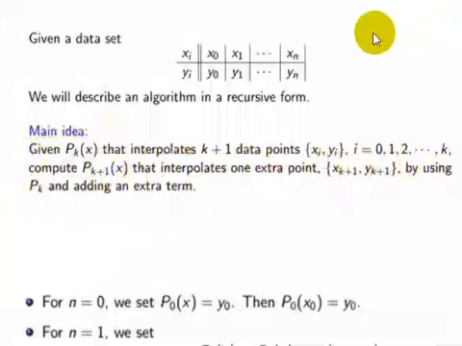If you add an extra point here, x k plus 1 and y k plus 1, we interpolate this polynomial by using the previous polynomial we had.